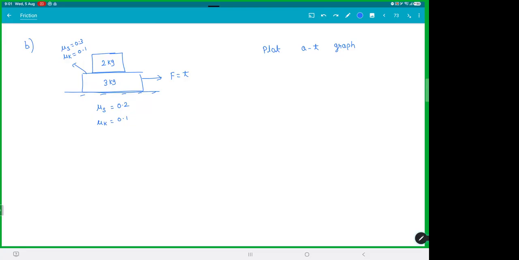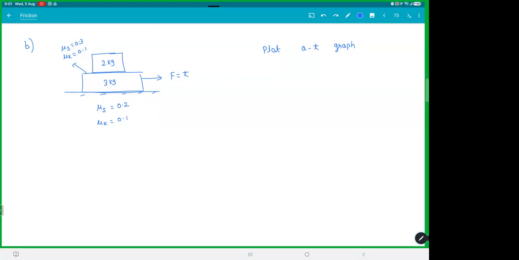And you have mu K also. The moment you slip, the friction value suddenly changes. So I messed up multiple things here. Into 20, they move together.